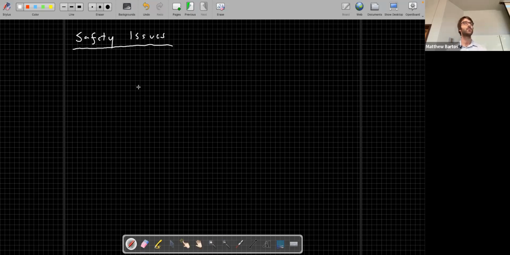So let's think about what safety issues there are surrounding curb inlet and gutter design. What are some safety issues you can think of that need to be met?